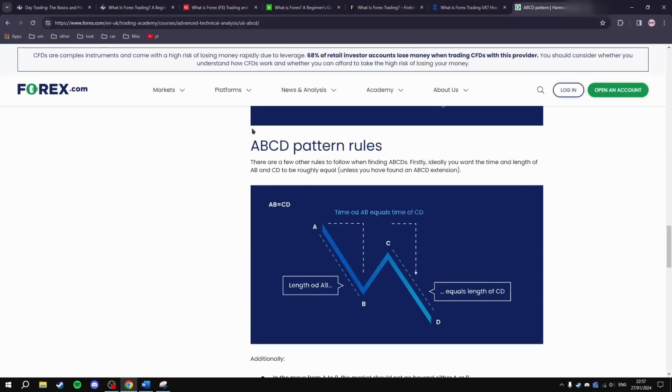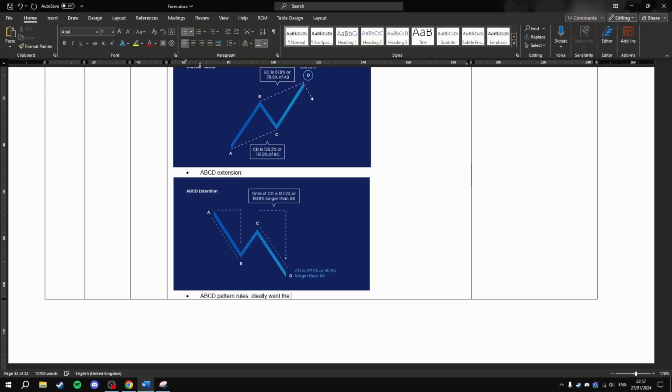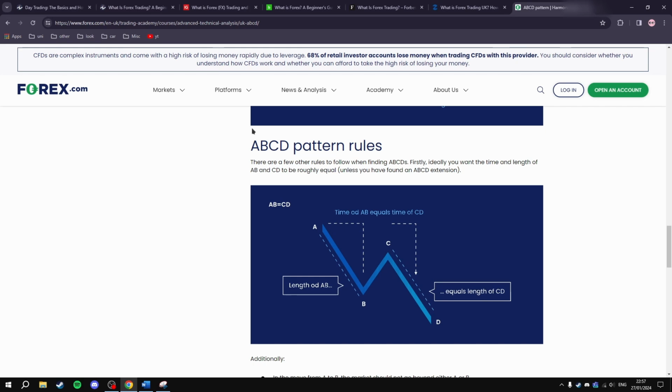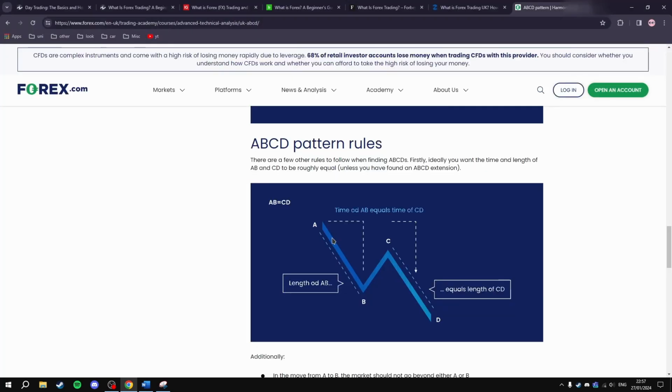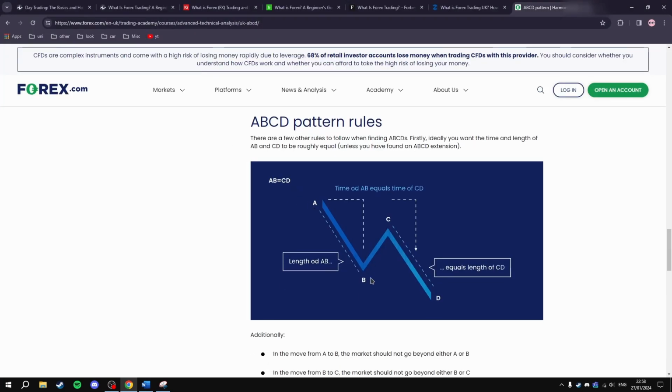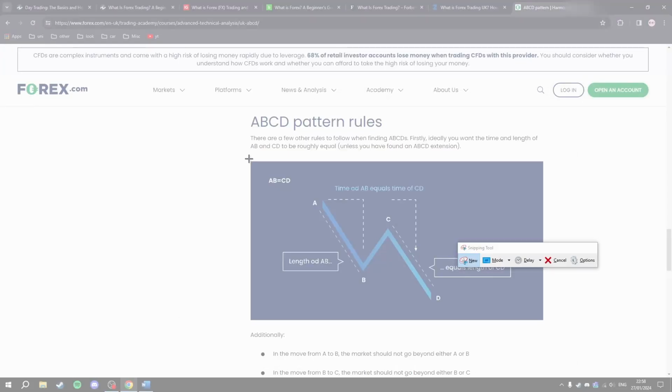AB is equal to CD. That length there should be that length there, or roughly about the same.